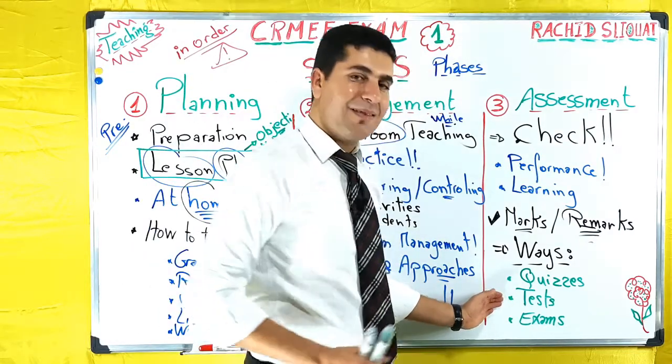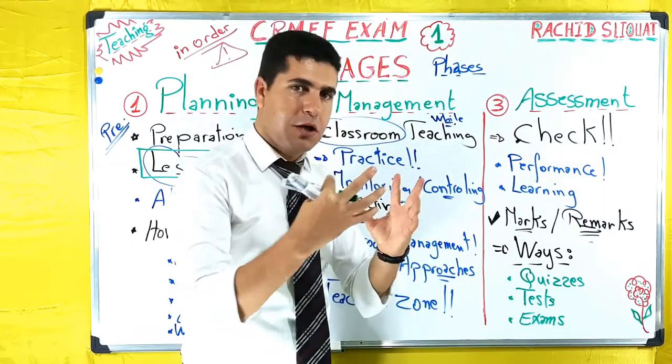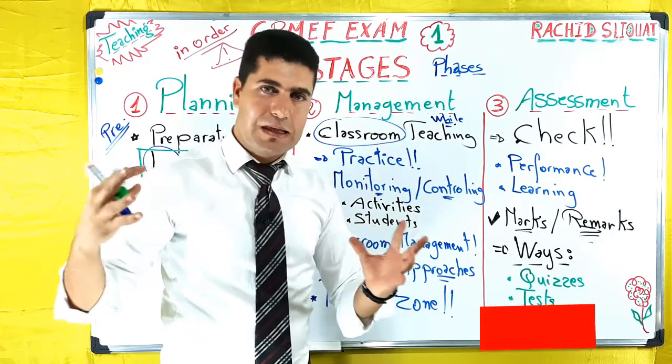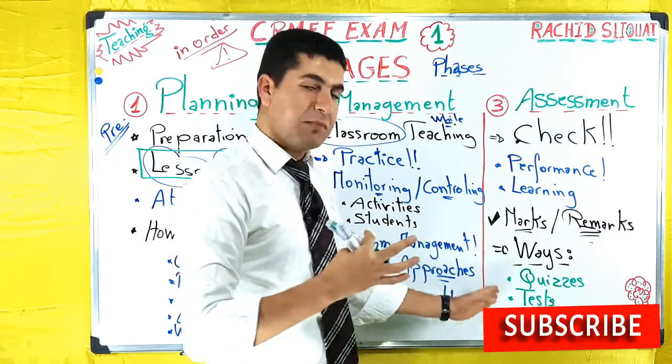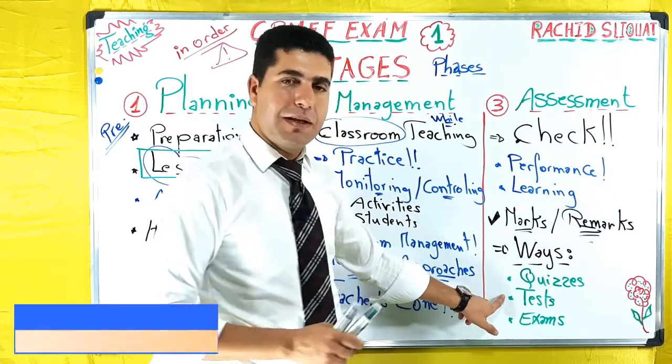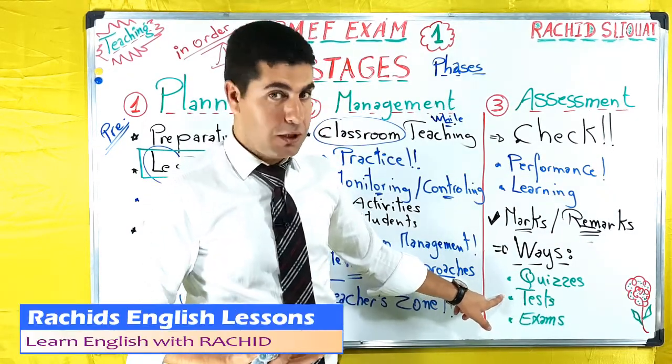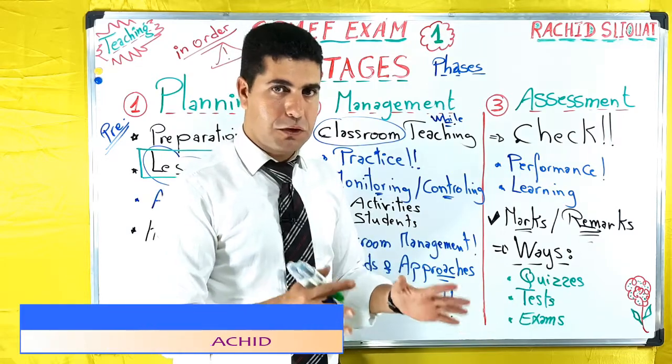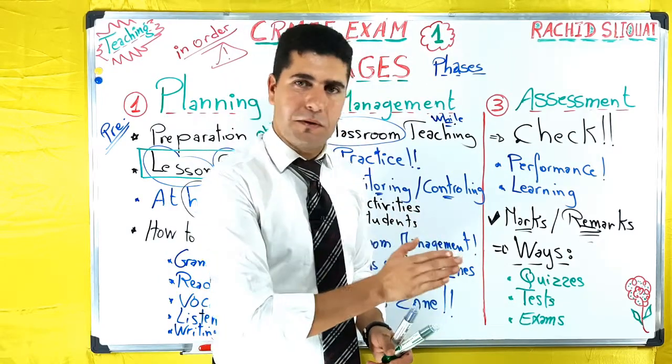But when we talk about tests, it's something that covers the lessons and the units you cover during the whole semester, and therefore we have something like global tests. Global tests are something that we do at the end of the semester.